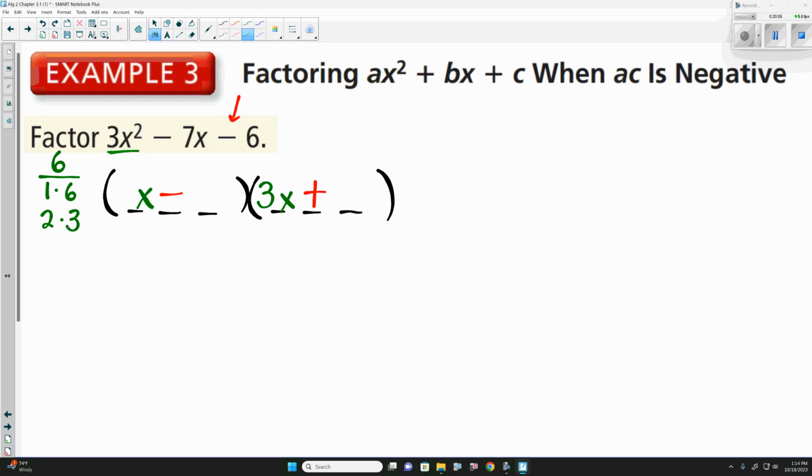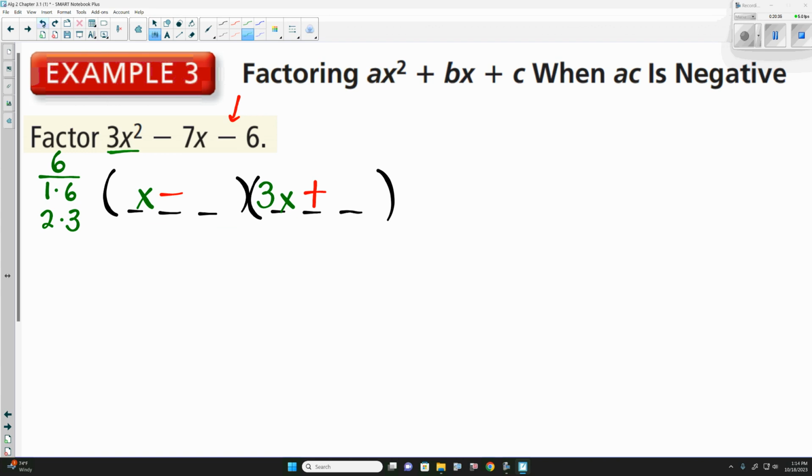Now we said a minute ago that the quadratic we're starting with does not have a greatest common factor, yes? So can there be a greatest common factor in either set of parentheses? Well, no. If there's a greatest common factor to begin with, then it could show up. But if we've removed it or there isn't one, that means neither one of these parentheses can have a greatest common factor, other than 1, but 1 doesn't do anything or change anything.